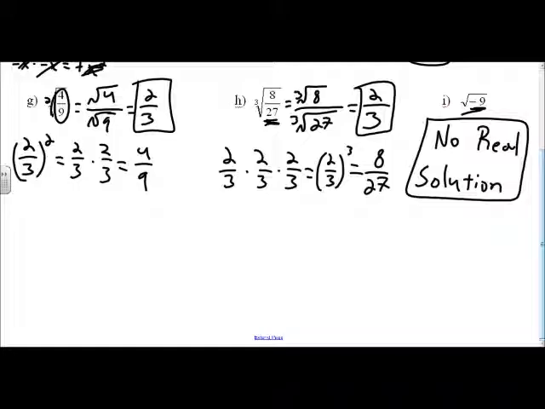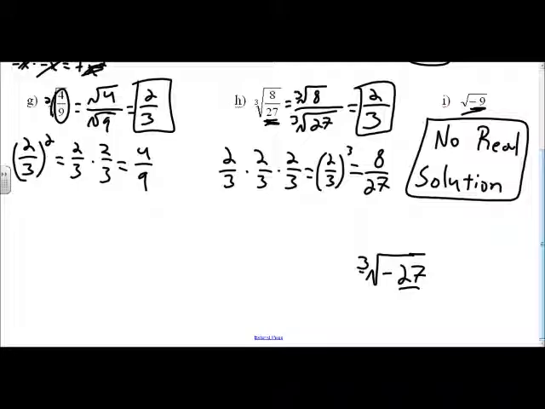Let's say if we had the cubic root of negative 27. So in this case there is a negative that we're working with, but we're working with an odd number root. So this is a cubic. Well, we'll look at just the 27.